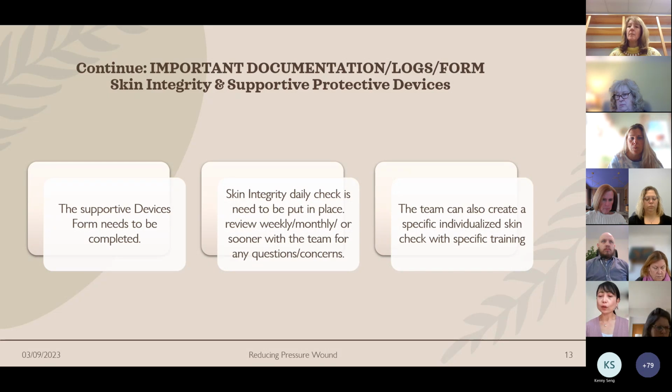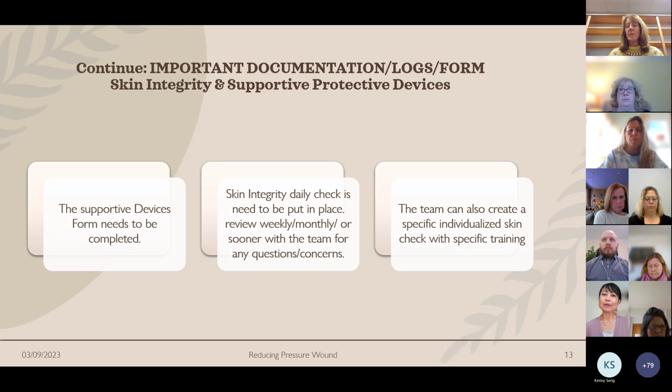safety protocol in place, for example you created a great individualized training and safety protocol, with additional training, however, if you do not put the skin integrity logs in place, we cannot have good documentation.